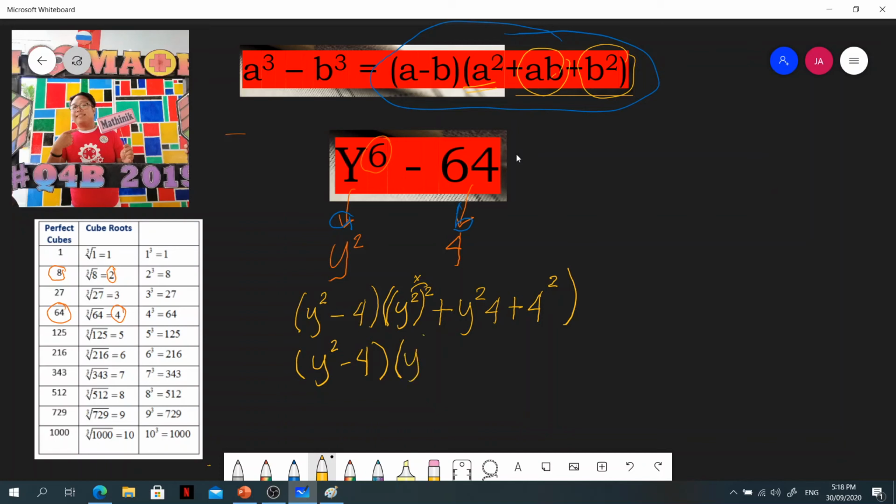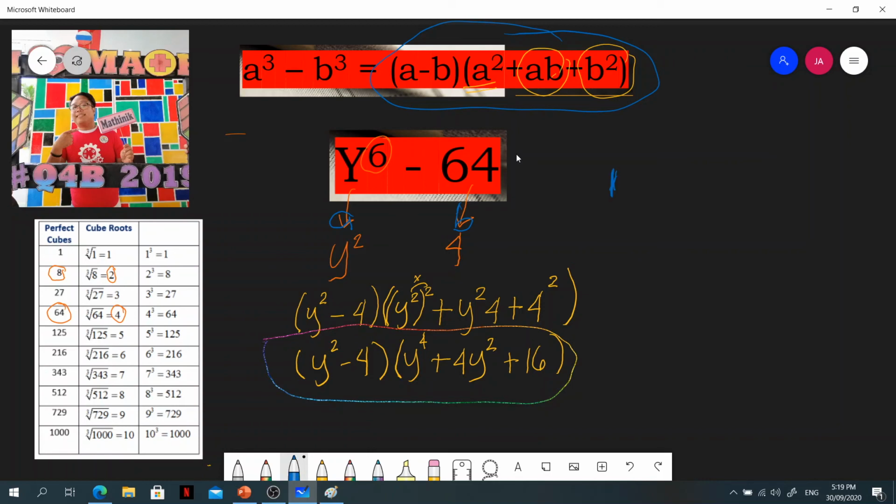So magiging sagot ay y to the 4th plus mauuna ang number bago ang variable, 4y squared, plus 4 squared. Ano ang 4 squared? 16. Okay. Kapag na-simplify na natin sila, yun na yung ating magiging sagot. Okay, madali lang naman, 'di ba?